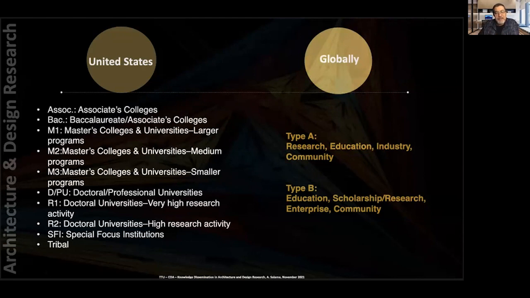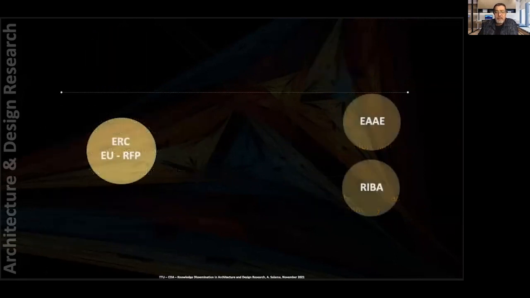Type B places emphasis in this order also on education, scholarship, research, enterprise, and community. So one is more community-facing, enterprise-facing, industry-facing, and the other is more knowledge-based as a priority. The forms of dissemination are looked at based on the type of the university you are in.